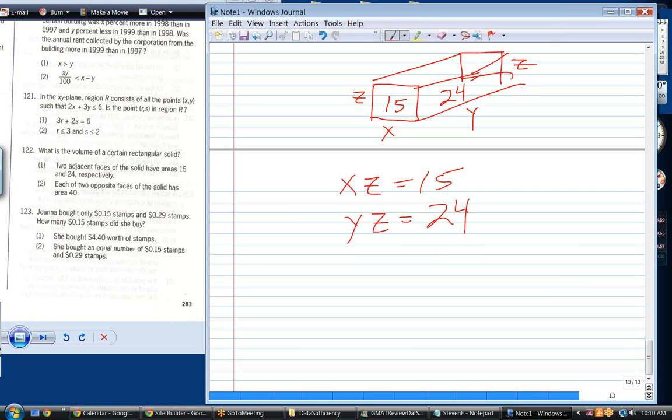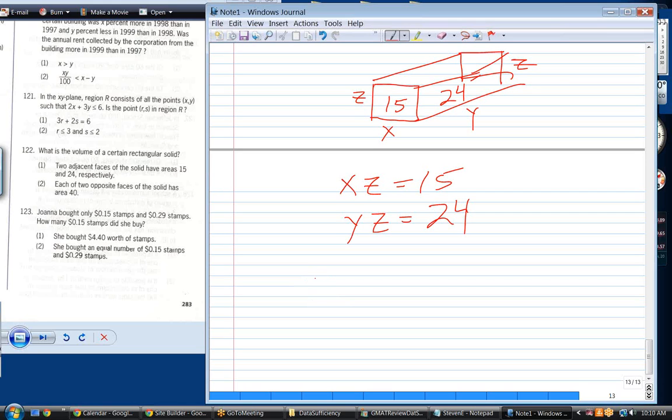Do I know what x times y times z is, which is the volume of the solid? I'd say no. But GMAT questions are tricky, sometimes there's a way to set it up.